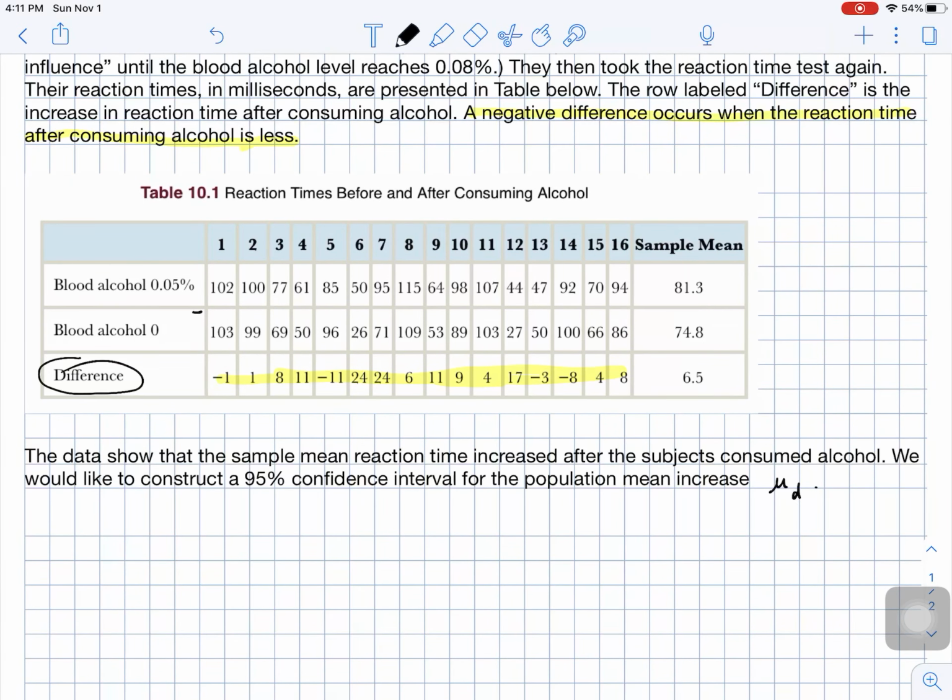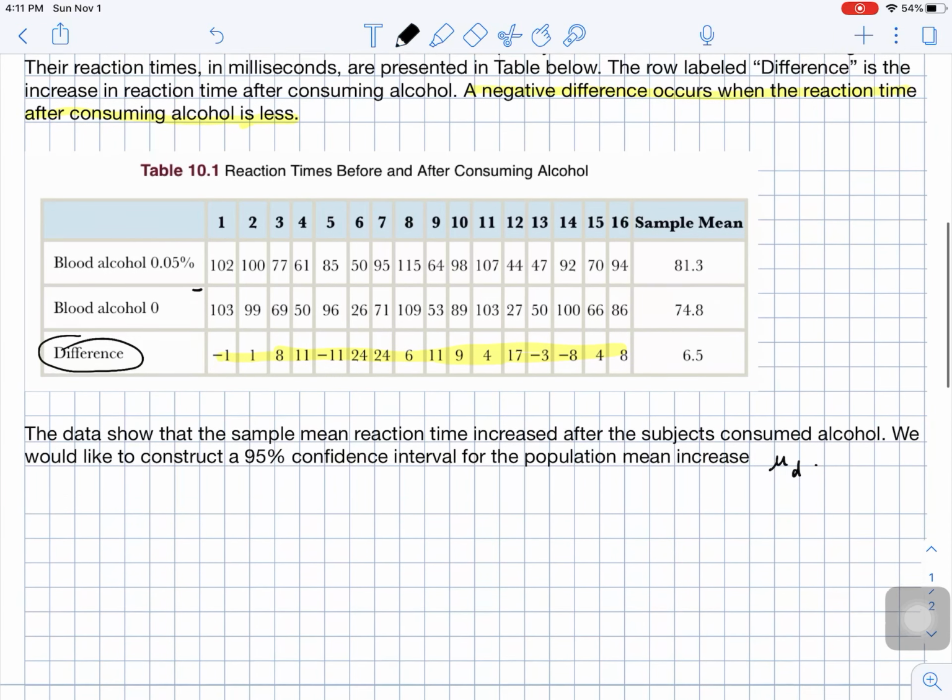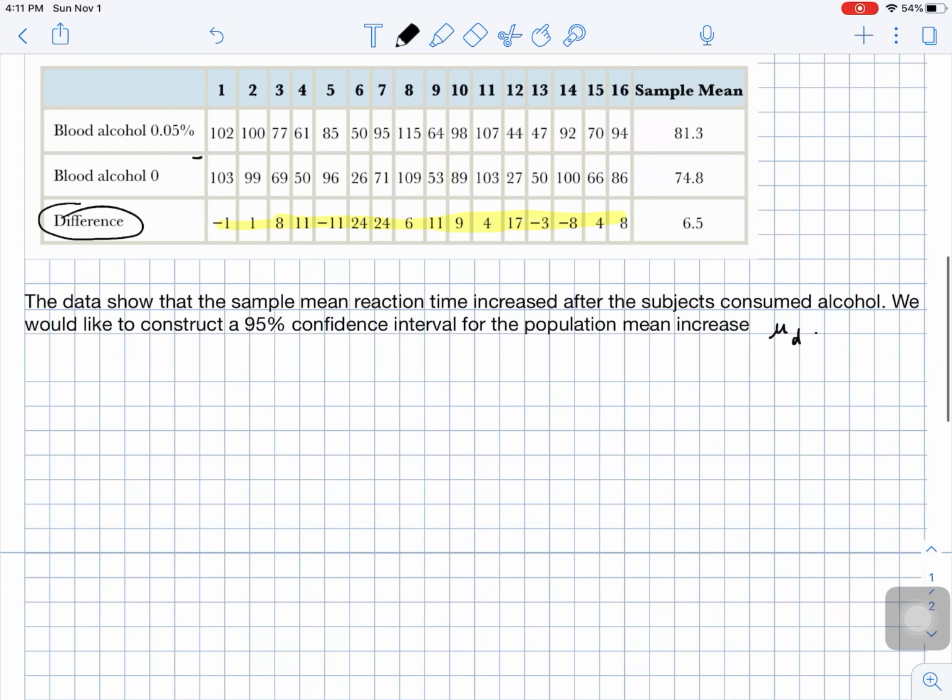So how do we get the numbers -1, then 1, then 8, and so on? They take the difference. They just subtract: 102 minus 103 is -1, 100 minus 99 is 1, and so on. Those numbers, -1, 1, 8, 11, -11, and so on, are the differences.